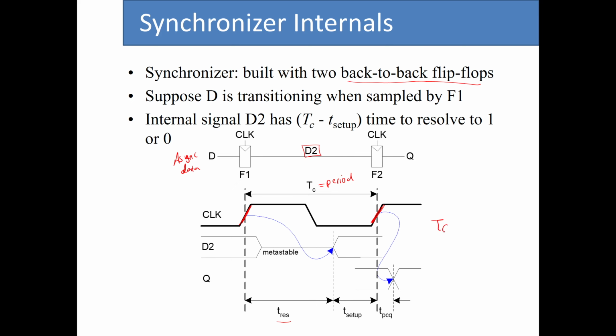So we have Tc equal to T-res plus T setup, or more accurately, Tc is greater than or equal to T-res plus T setup, which means that T-res is less than or equal to Tc minus T setup.